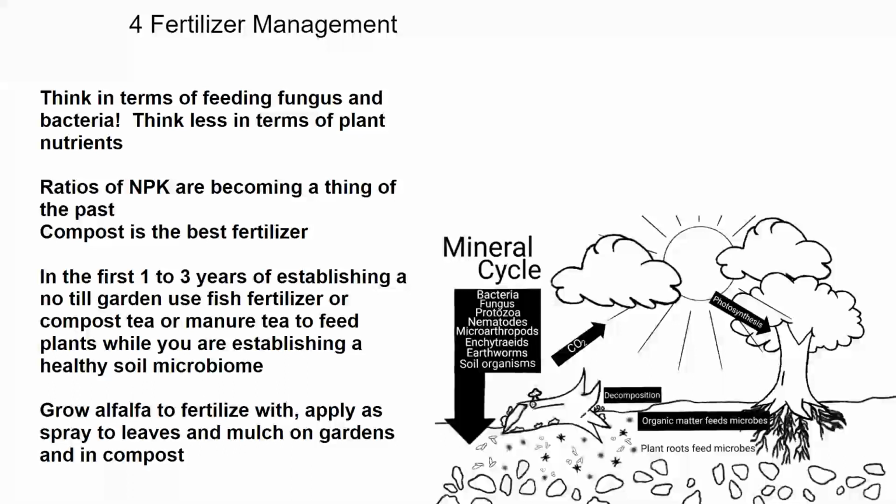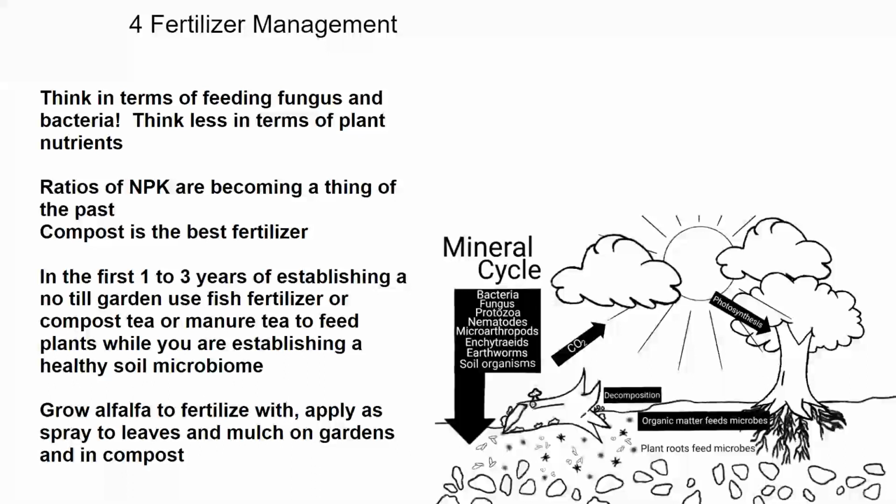Lots of carbon in that one, lots of nitrogen or protein in the green living plant, the bacteria food, and lots of carbon in the fungus food. And there's one more food source for both of these, and that is the exudates that come out of the plant's roots. Fungus and bacteria both eat the exudates. So those are the food sources for the microbes, and that's how we manage our fertilizer.